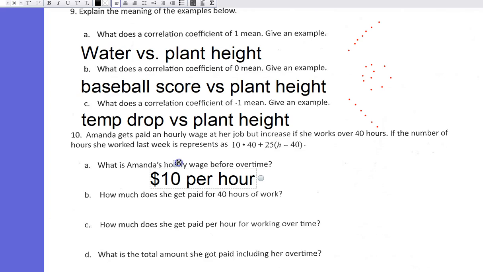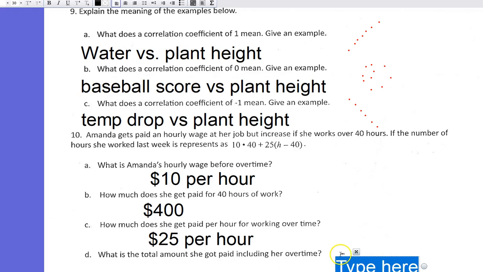How much does she get paid for 40 hours? We did this. $10 for 40 hours, $400. How much does she get paid per hour for working overtime? That's the multiplier over here, it's 25. What's the total amount she got paid including her overtime?